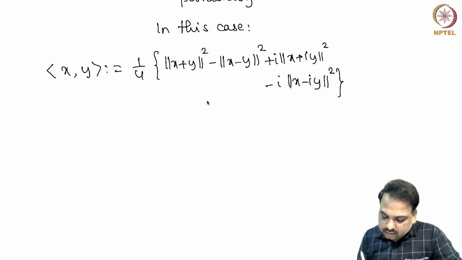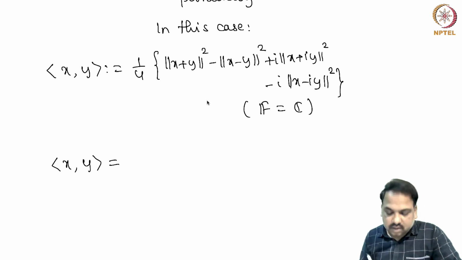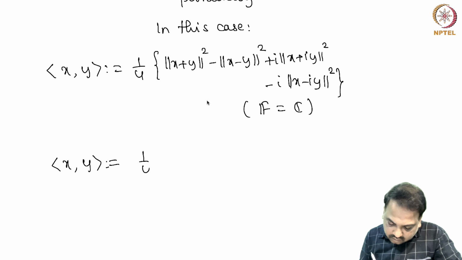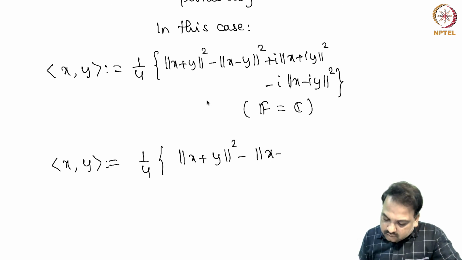So this is when F is a complex field. In the real case, inner product of X with Y is nothing but 1 by 4 times norm of X plus Y square minus norm of X minus Y square.